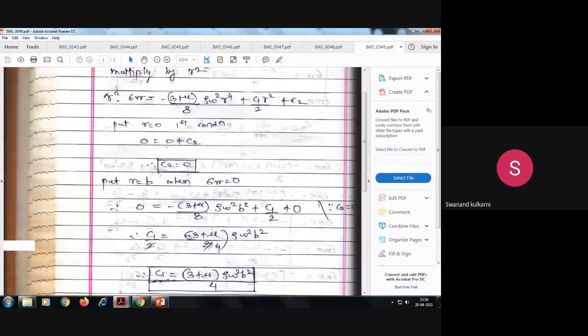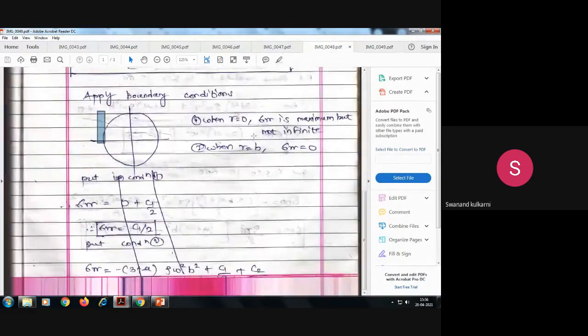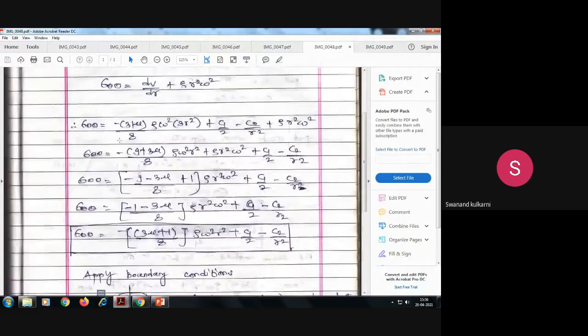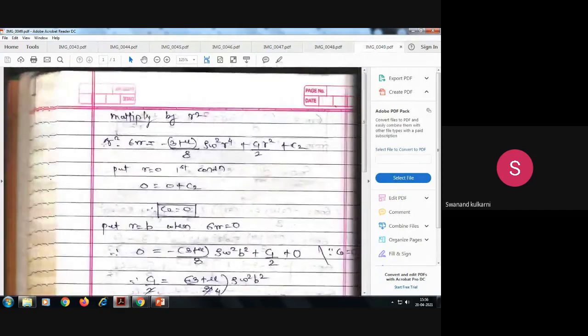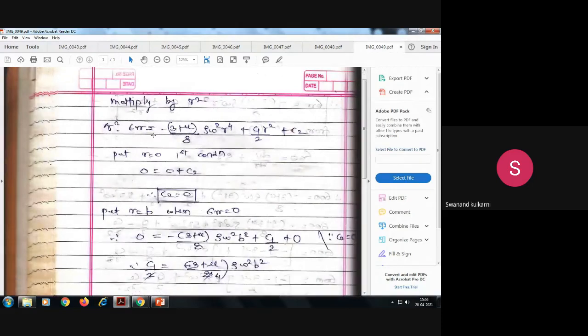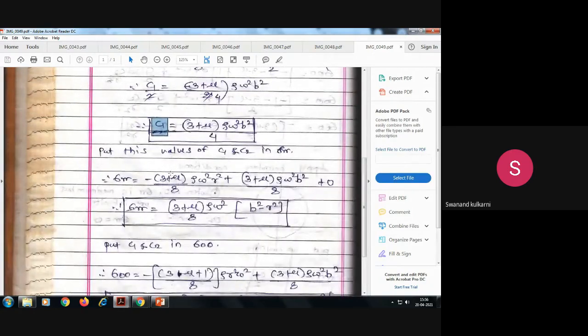So all the boundary conditions are substituted in these equations for sigma rr and sigma theta theta. First, for sigma rr, it is multiplied by r square and small adjustments are carried out, and the boundary conditions are substituted here. On this basis, C1 is calculated, and on this basis, C2 is calculated, and then it is substituted.